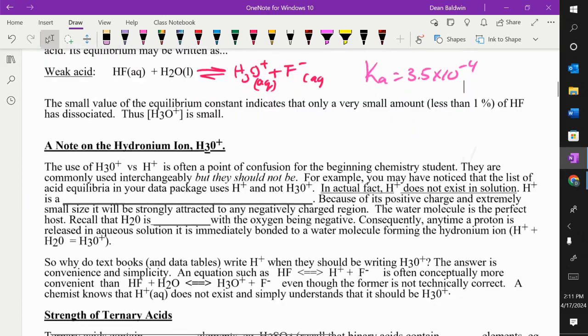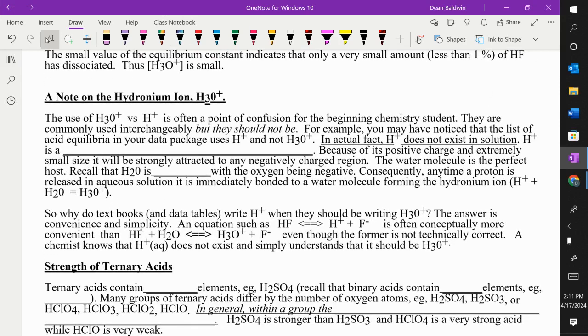Okay. What is H3O plus and what is H plus? In most chemistry books, you're going to see H plus written. You're going to see stuff like the equation that I just wrote, if you put HF in water, and I will do this too, usually we write that. So what's the difference between H plus and H3O plus?